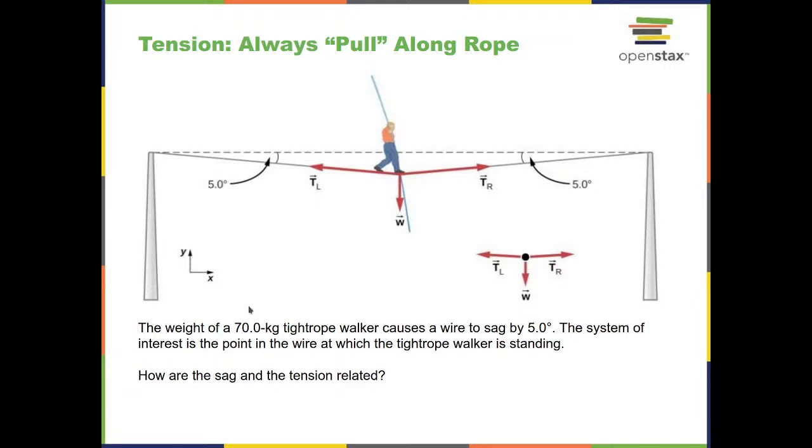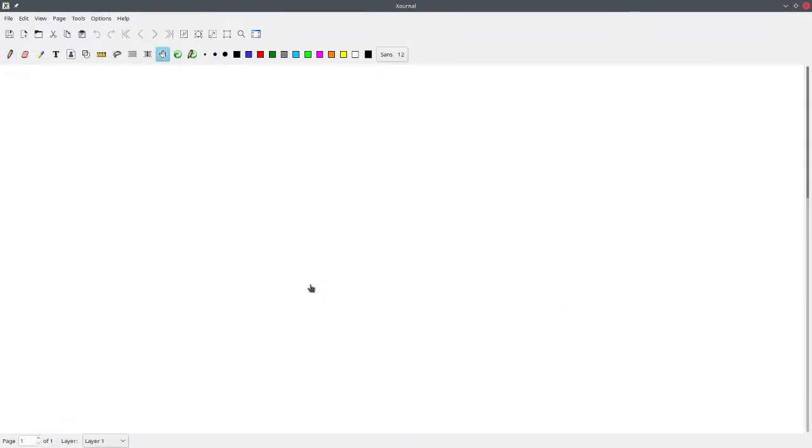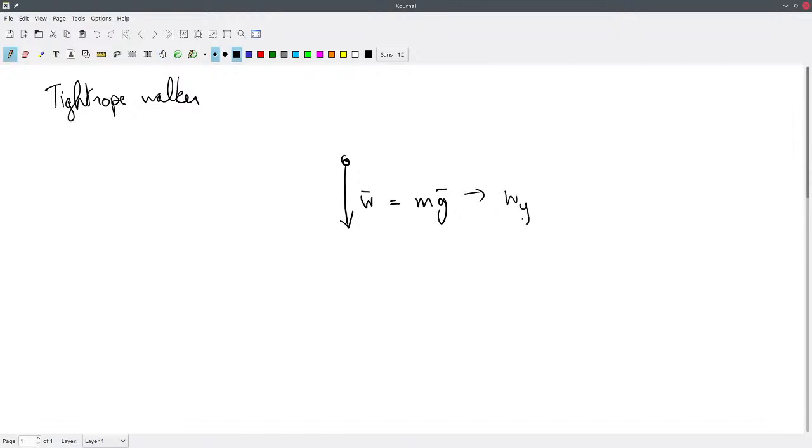So what we're going to do now is look at this free body diagram. I'm going to draw this again here. So the tightrope walker. So we've got our free body diagram with the weight down, mass times gravitational acceleration. So the Y component is minus 70 kilograms times 9.8 meters per second squared.